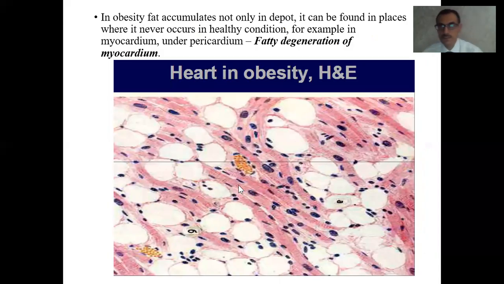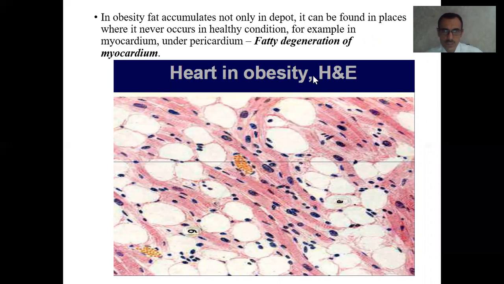Microscopically, in obesity, the fat is accumulated not only in the depot, it can be found in places where it never occurs in healthy condition. For example, in the myocardium, under the pericardium. Here you see the fatty degeneration of the myocardium.